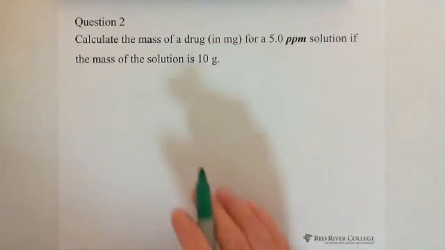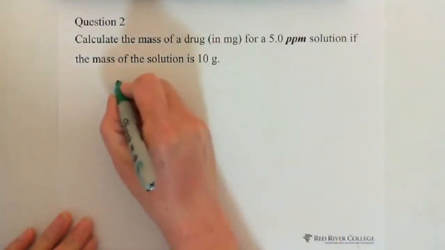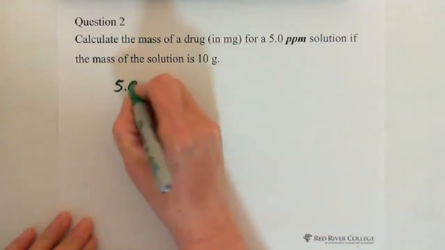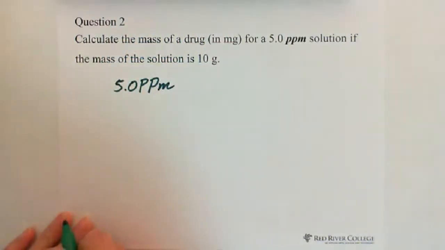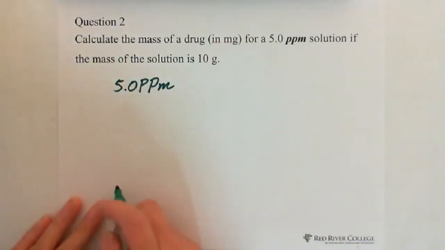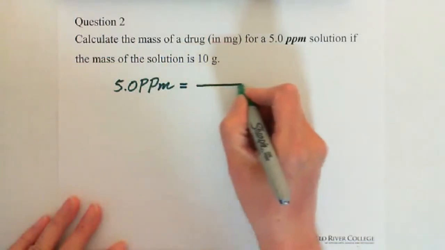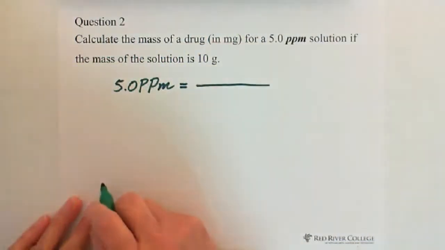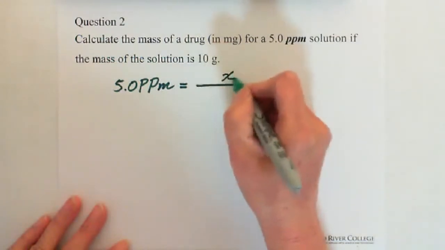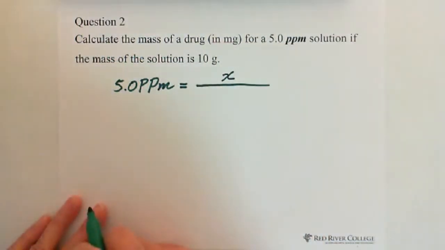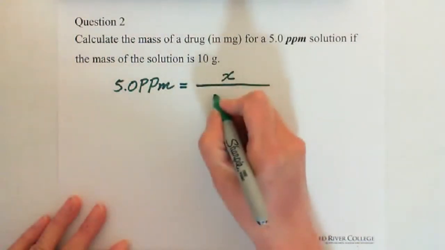So following the formula, we can write, start from 5.0 ppm, which is the concentration of this solution, equals the top is mass of solute, which we're looking for. We put X, right? The bottom, the mass of solution, is 10 grams.